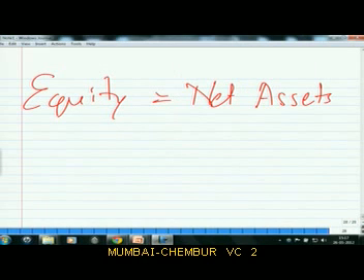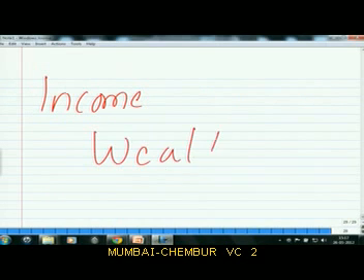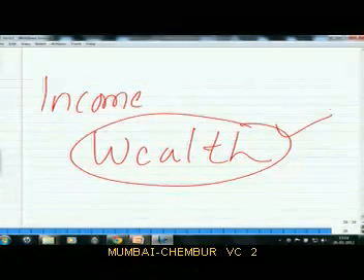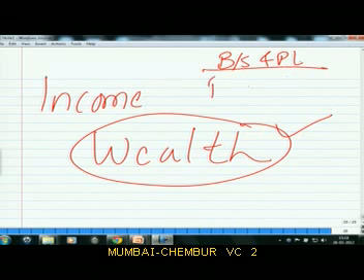Now my question here is that if equity is net asset, one day somebody asked me a question, is income more important or wealth? What's more important? And the answer comes, in fact, wealth is more important. But the funny part is, whenever you see any company's balance sheet and P&L, the first thing we go and check is the profit and the dividend.